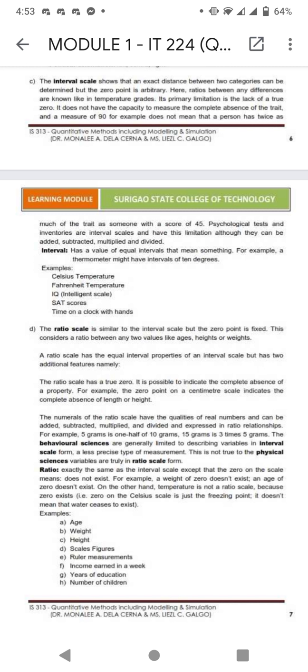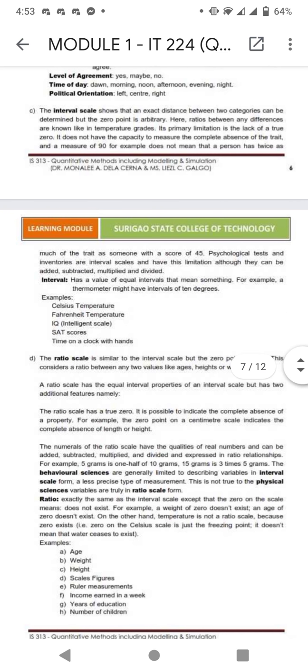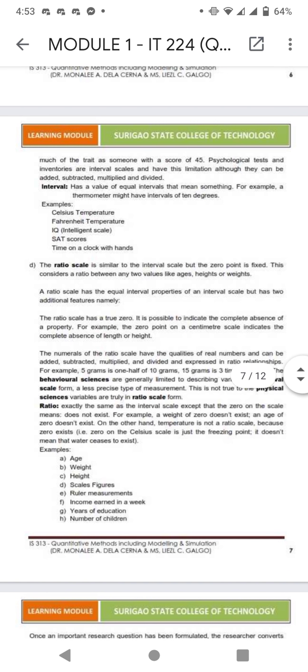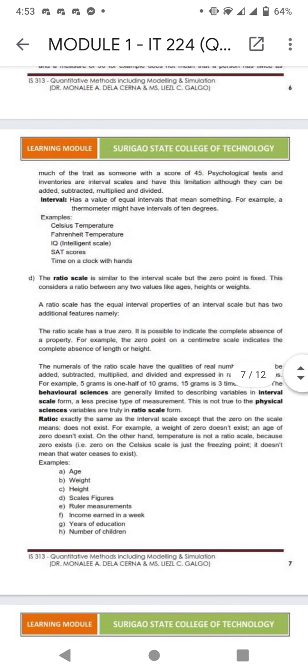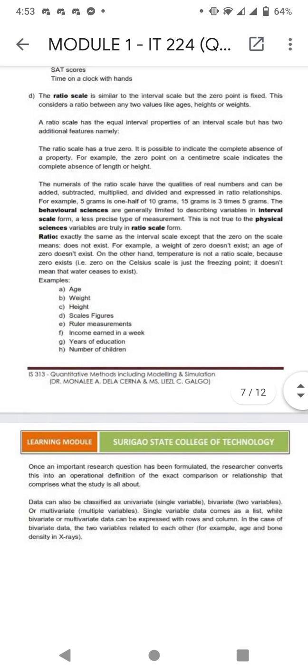The behavioral sciences are generally limited to describing variables in interval scale form, a less precise type of measurement. So we could say the ratio scale is much more precise than the interval scale. Examples are age, weight, height, ruler measurements, income earned in a week, years of education, and number of children.